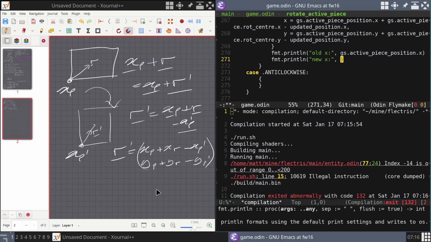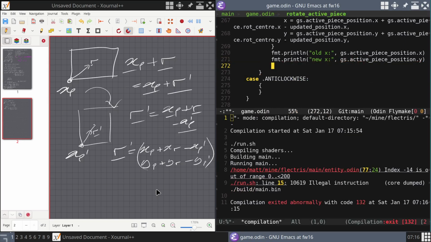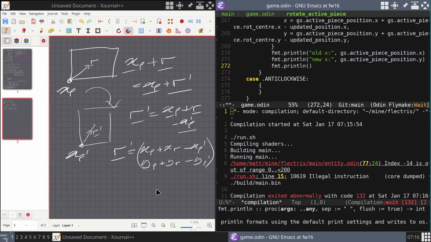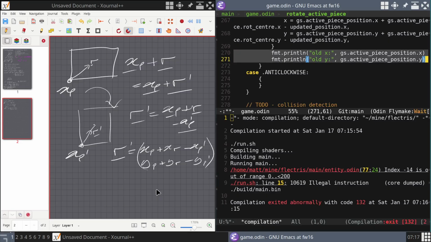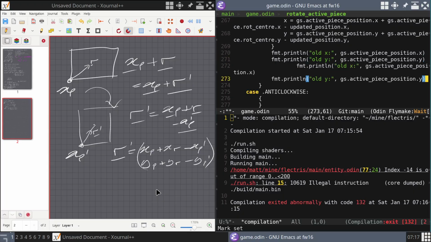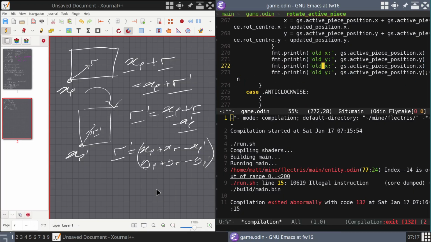New x is game state active piece position y, print line. Sorry, that's old y. That. And I go ahead and do yoink and paste and line it up. And new.